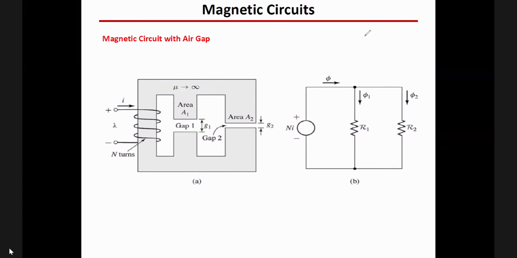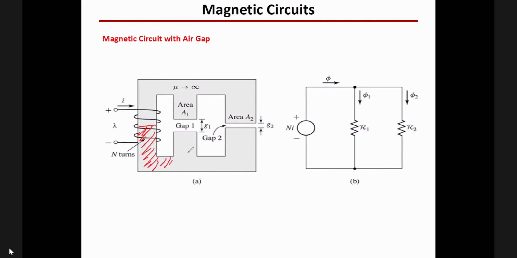We have more material. Should we add more reluctance, isn't it? Yes, that's correct. Let's make an assumption that this half is one material, and this half is another material.